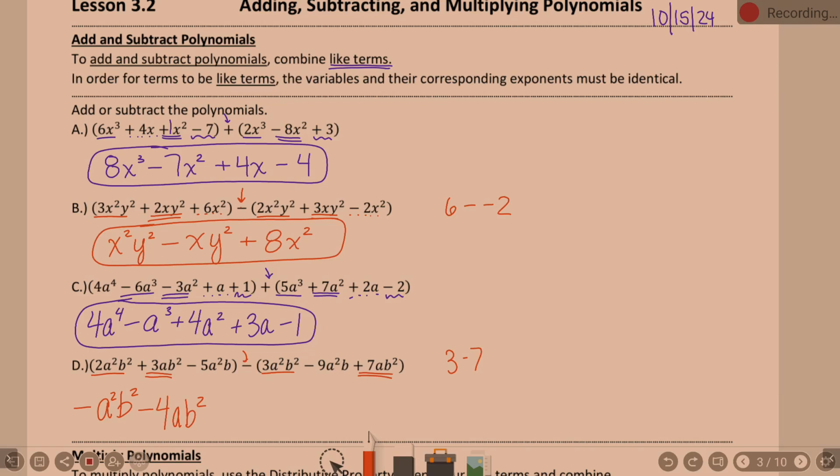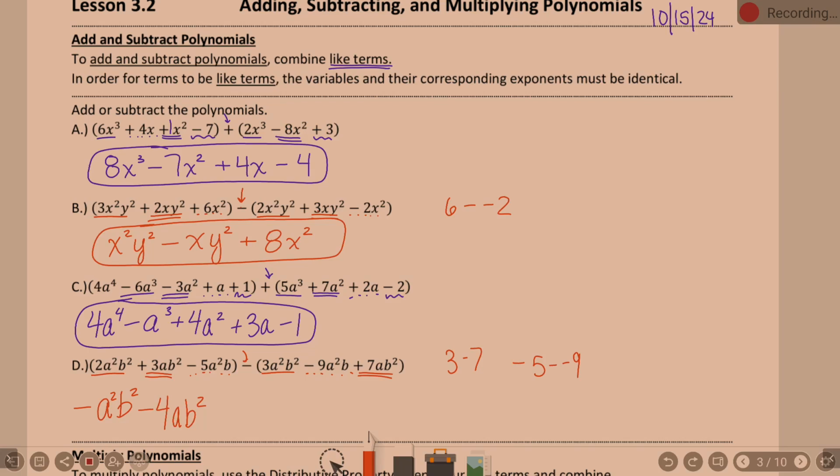And the last piece. Okay. And what are we going to get there? Good. It's -5 minus -9.